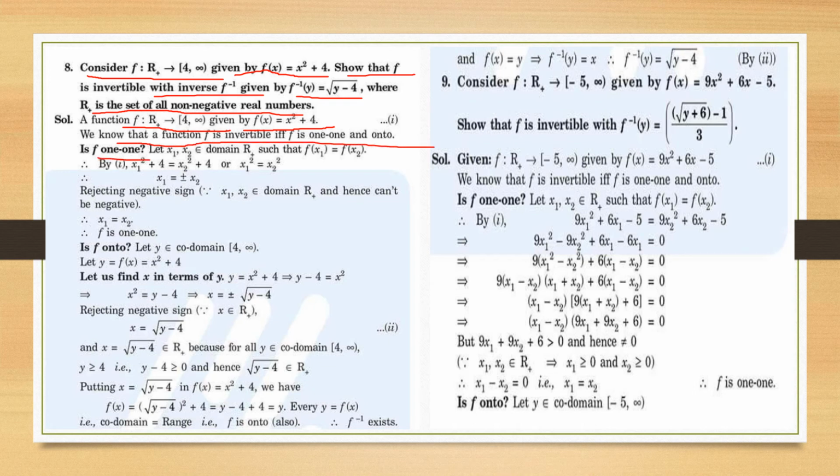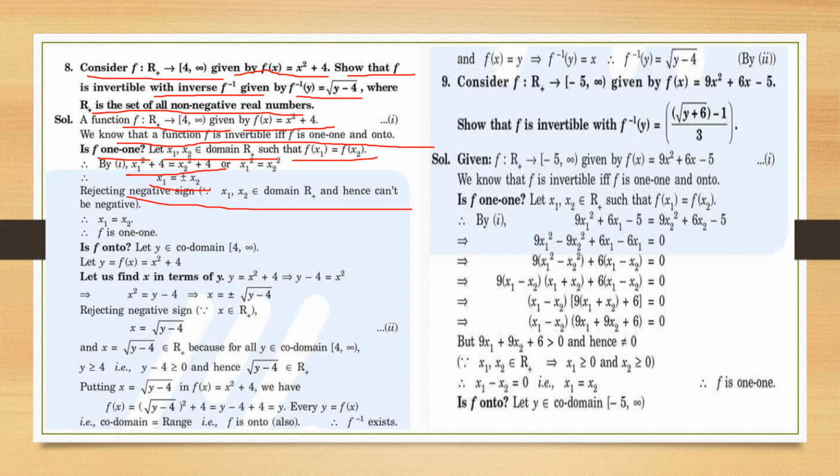So for 1-1, let x1, x2 belong to the domain, that is R positive, such that fx1 equal to f of x2, that is x1 square plus 4 equal to x2 square plus 4, which gives me x1 equal to plus minus x2. Now I have to reject the negative sign as x1, x2 belong to R positive.